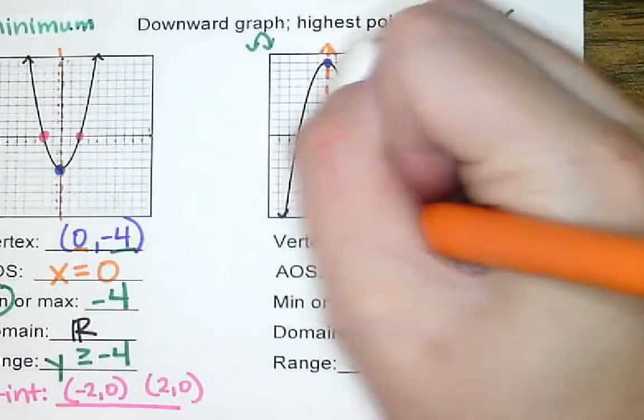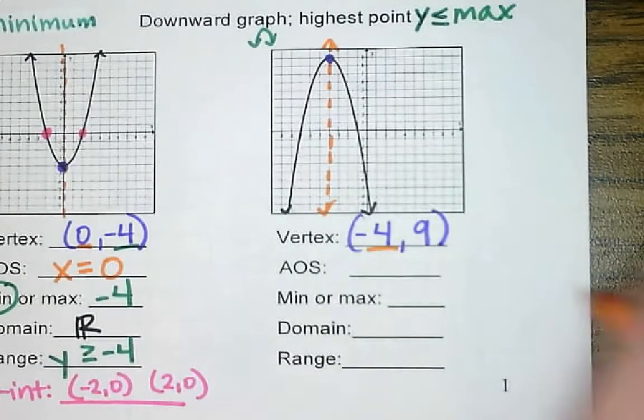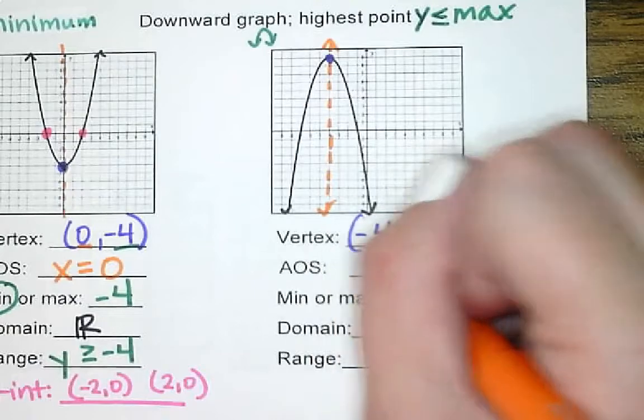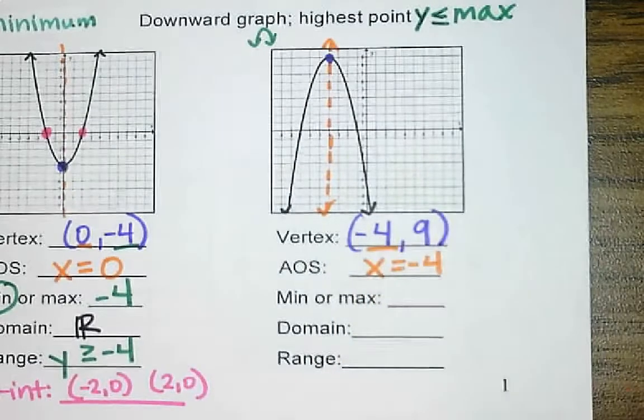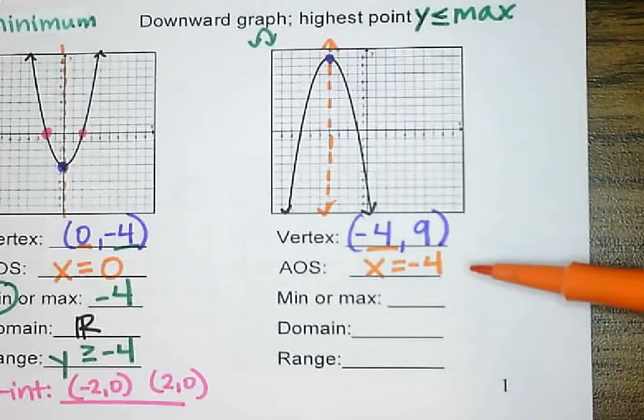Okay, but what if I ask you, what is the whole thing, though? X equals -4. Y'all, if I ask for the axis of symmetry and you just say -4, that's wrong. The axis of symmetry is an equation. So make sure you type in an equation for your axis of symmetry. All right, guys? So it's x equals -4.